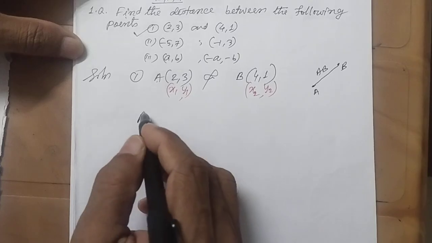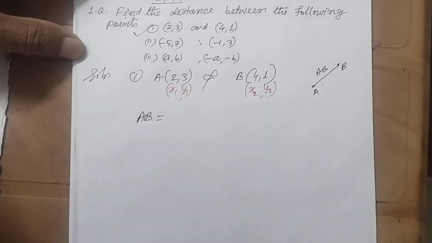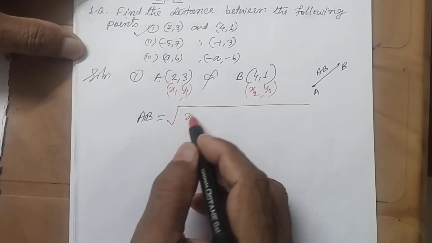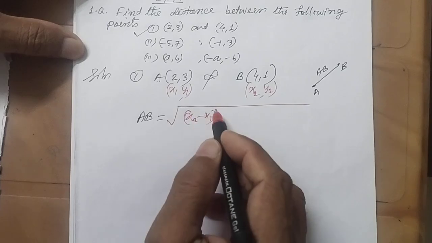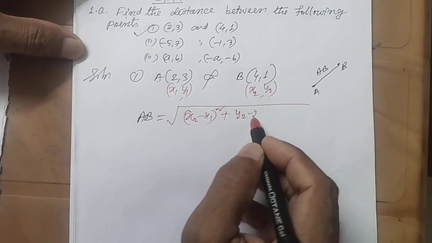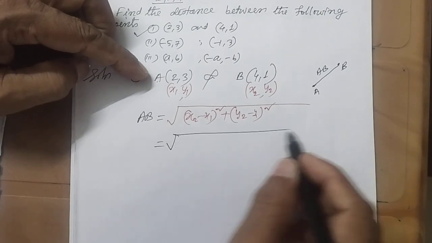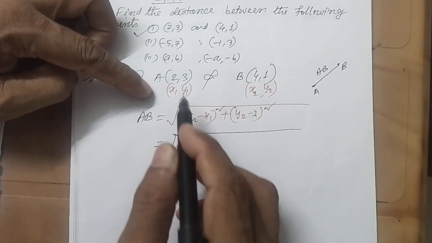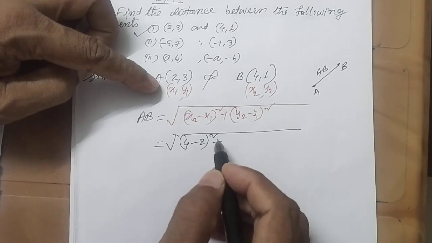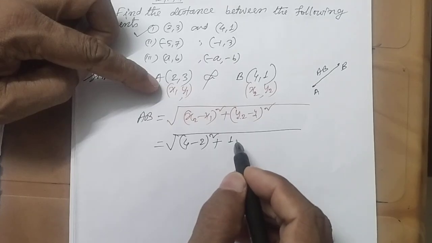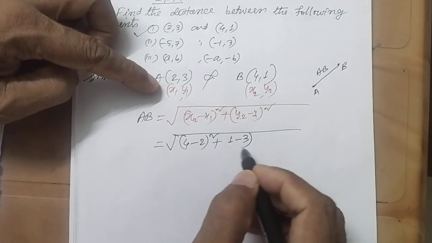What is the formula? Distance AB equals root of x2 minus x1 square plus y2 minus y1 square. So we'll just put the values. x2 is 4 minus x1 is 2 square, plus y2 is 1 minus y1 is 3 square.